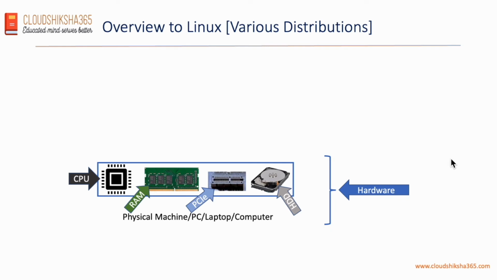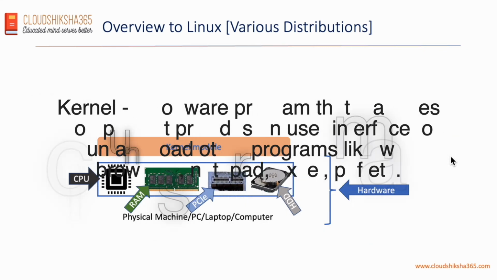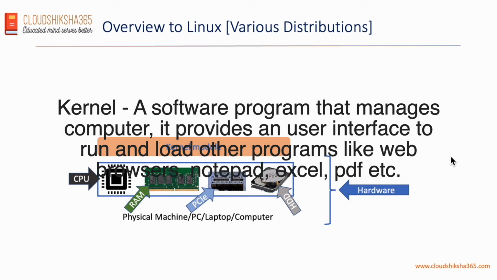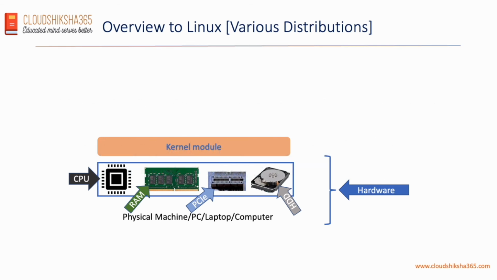When we install the operating system on this hardware, the operating system has its core module which is called the kernel module. This kernel module has various drivers, various interfaces, various machine interpreters which sit within the operating system, and they help to communicate to the upper layer that we call the application layer.